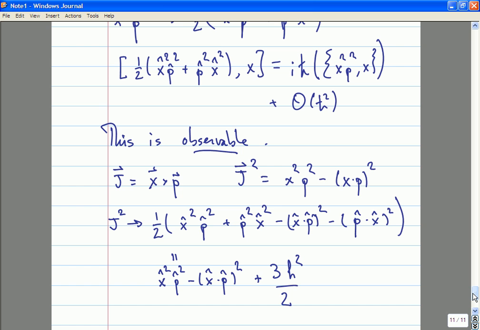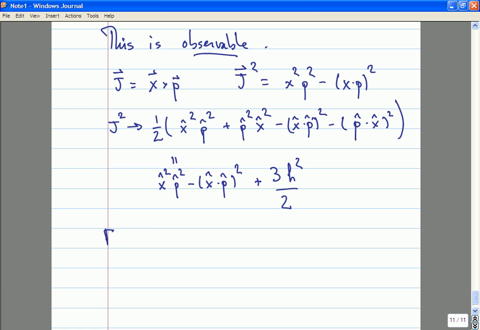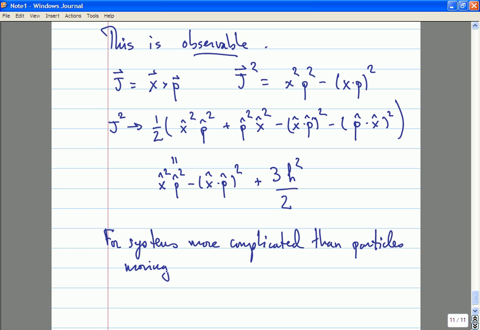However, for systems more complicated than, say, particles moving in 3 dimensions, for example, there is no unique way, in general, to determine these order h bar squared terms.